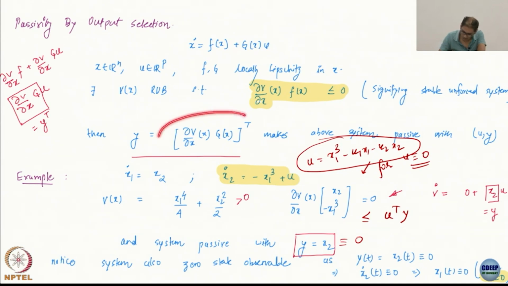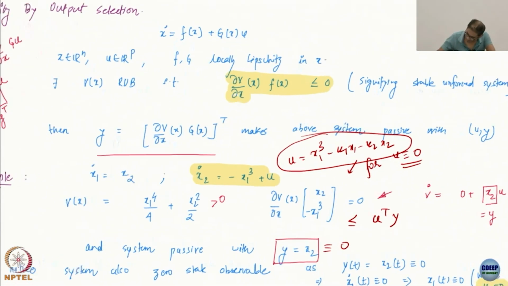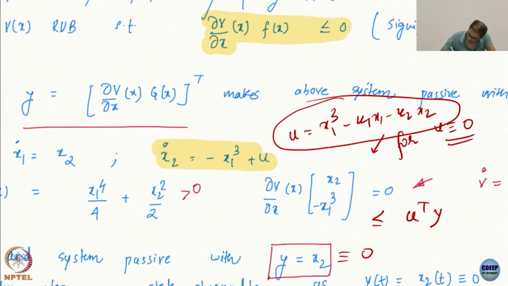I will just go back to this formula. I think it's better that I go back to the formula. What does this formula give me in this case? What is g of x? There is no g of x, just identity 1.